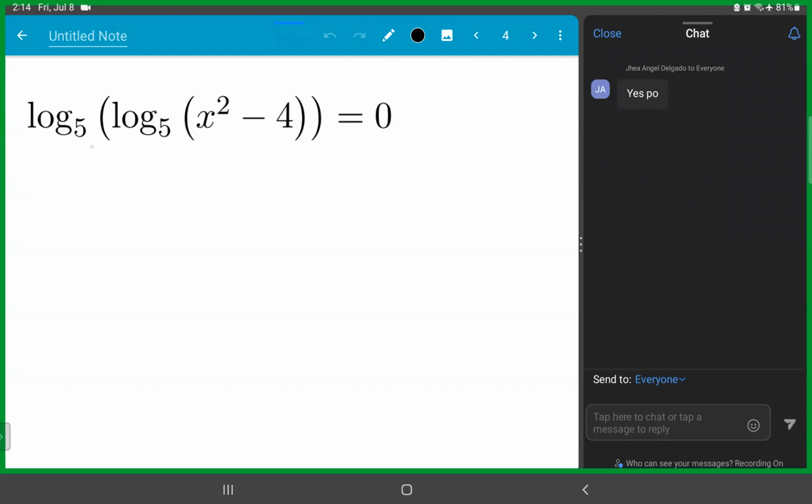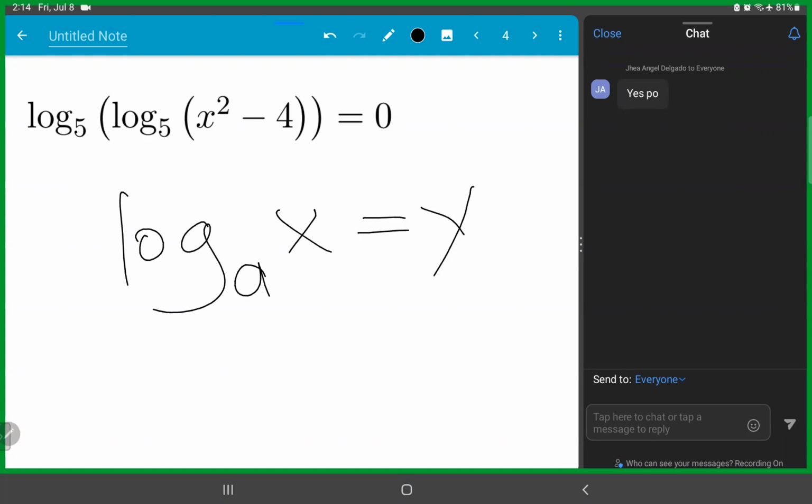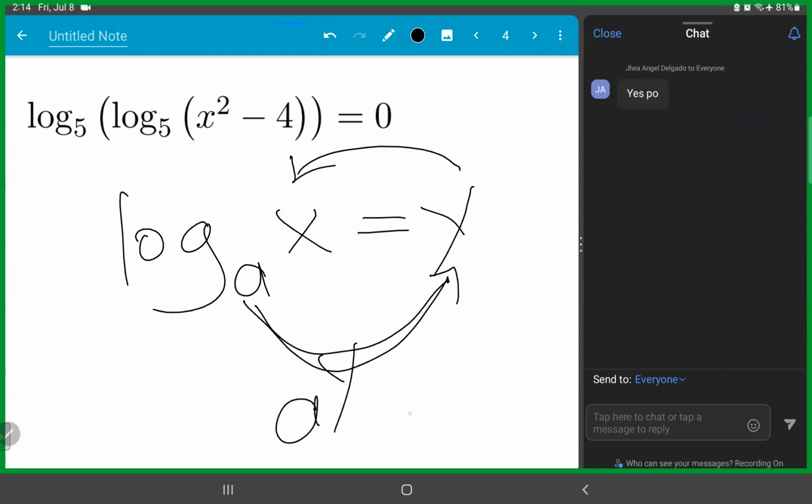If we do that again, as I taught yesterday, you convert a logarithmic form to exponential form using a diagram like this. So a to the y equals x. Okay?